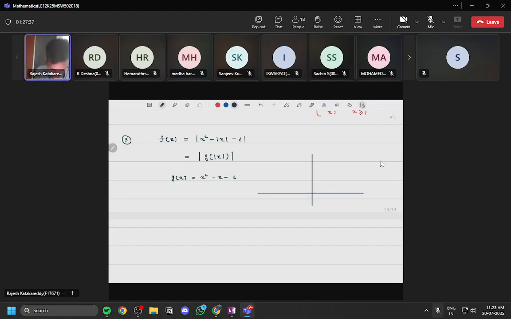Okay, minus 2 is the root. At 0, it goes to minus 6. Something like this. This is y equals g of x.